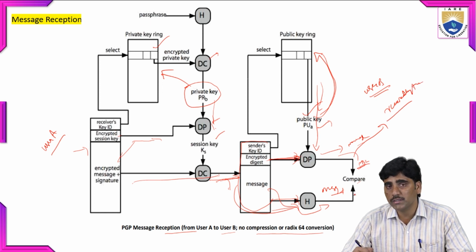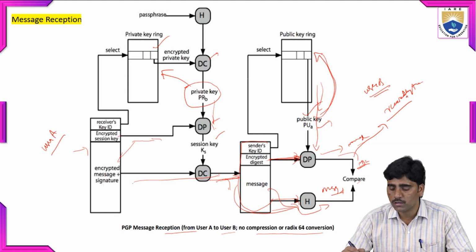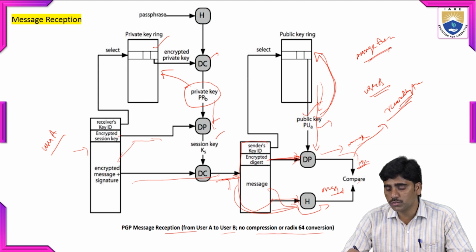Until and unless the messages are the same in both, the message is not received by the receiver, because message authentication is not possible. So to do this message authentication, we compare those two messages. If they are equal, then the message is received by the receiver side.